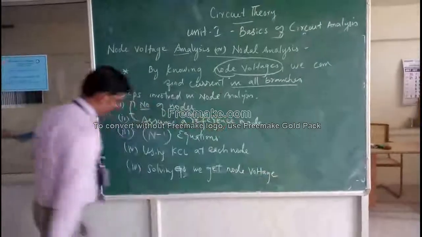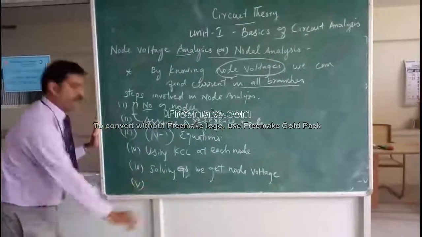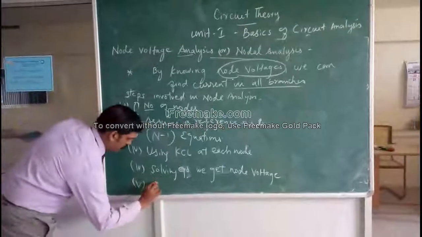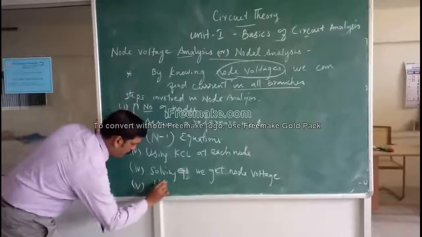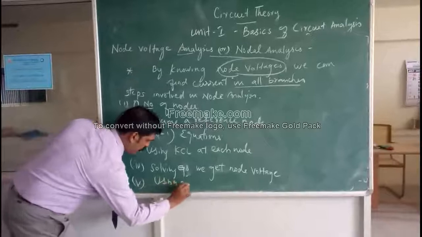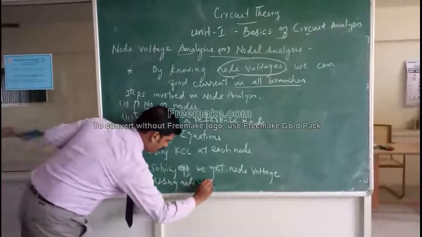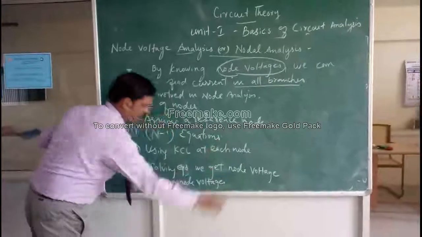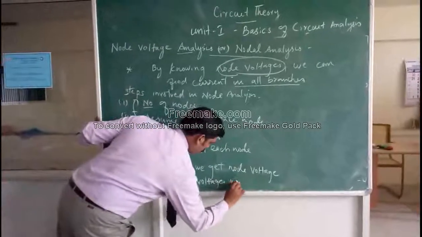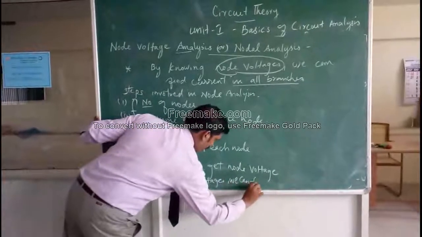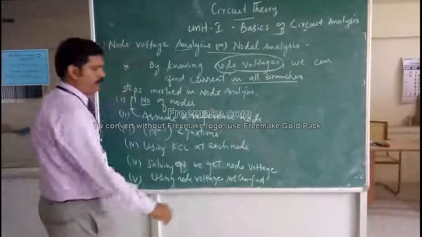Once node voltages are known, we can find the branch currents. Using node voltages, we can find branch currents.